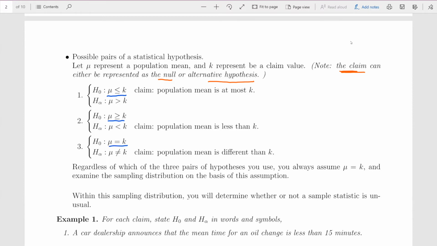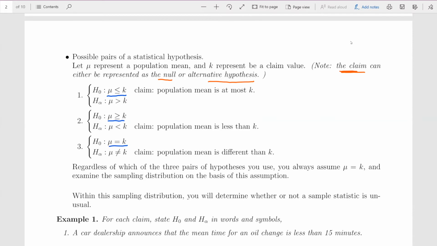In some cases, people just use equals in the null hypothesis. But it's not wrong to use less than or equal, and then you would figure out right away the alternative hypothesis, which is going to be strictly greater than, strictly less than, or different than.